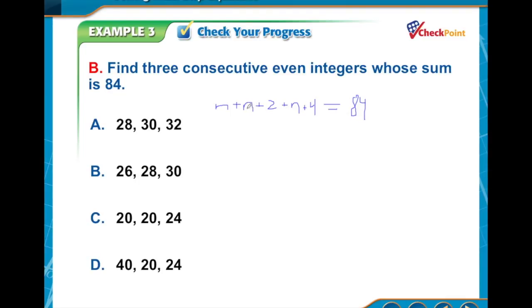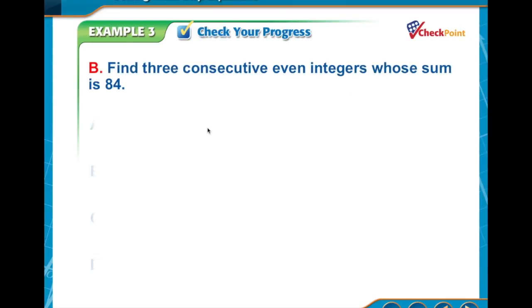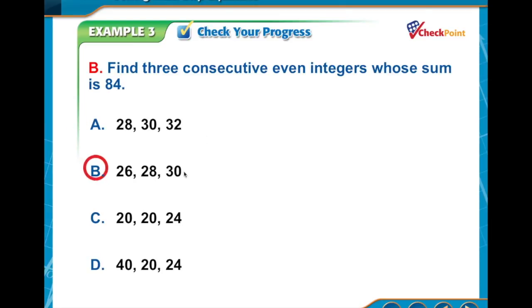So if we combine like terms just like last time, we have 3 n's here. There's an n there, an n there, and an n there. So 3n plus, 2 plus 4 is 6. So 3n plus 6 will equal 84.